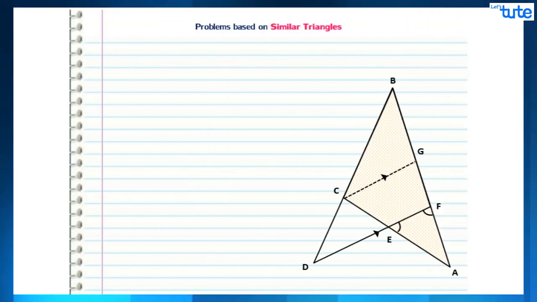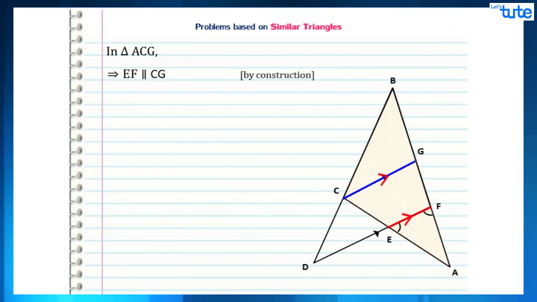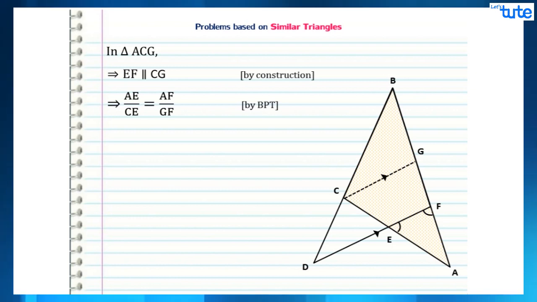Now next we'll consider triangle ACG. In this triangle, AF is parallel to CG because by construction DF is parallel to CG. So now by applying BPT to triangle ACG, we get AE upon CE equals AF upon GF.